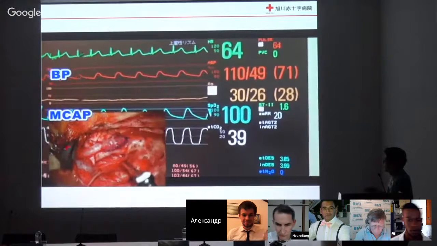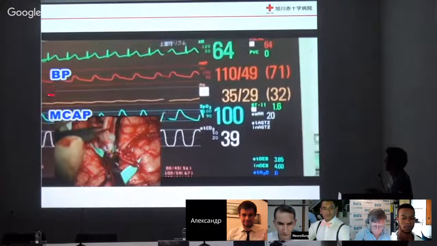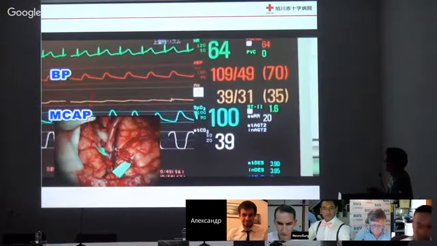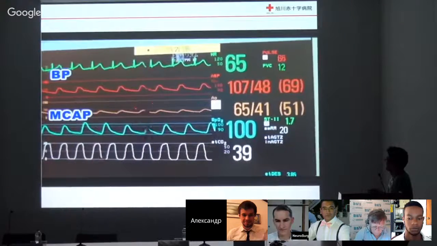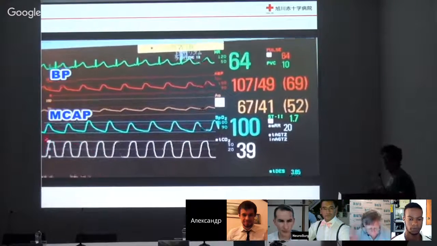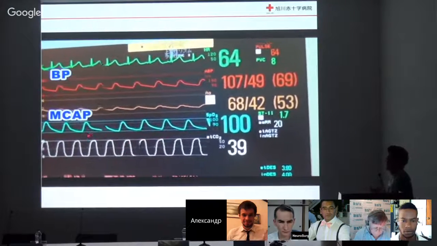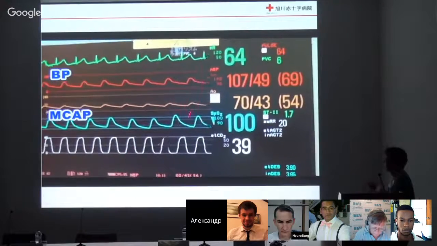Now open the graft. MCA pressure gradually increases. Usually it comes back to 70 to 80% of before occlusion. That's enough. That means graft patency is good.